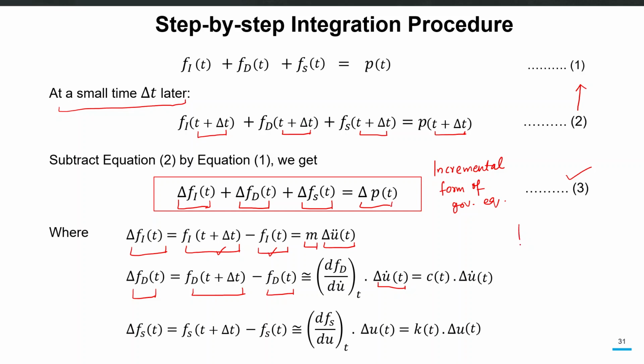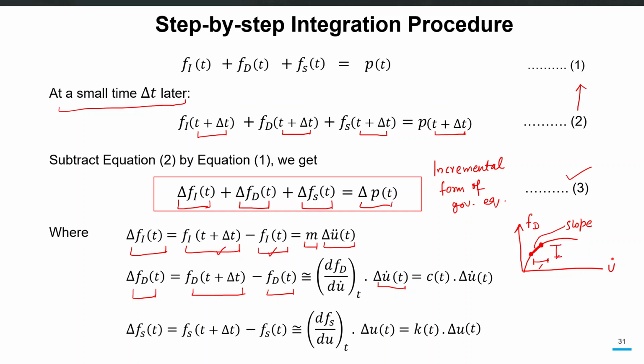For example, if we have any nonlinear function between fd and u dot, and we are going from this point to this point, let's say, then if we assume that the damping force will remain linear within this small interval of time, we can multiply the slope of this line with the horizontal component to get the vertical ordinate.